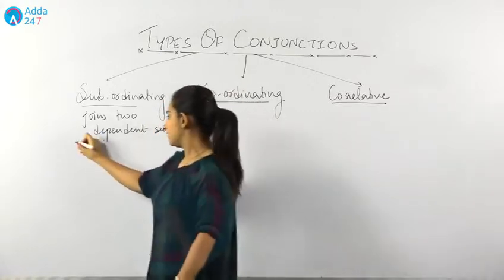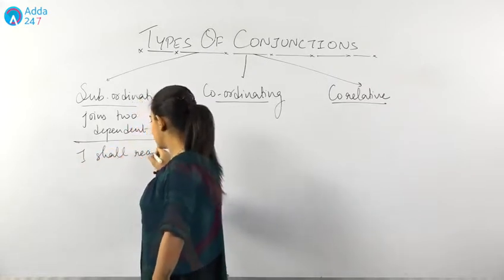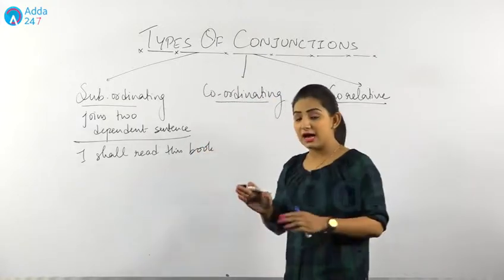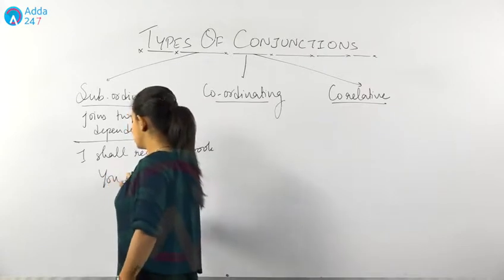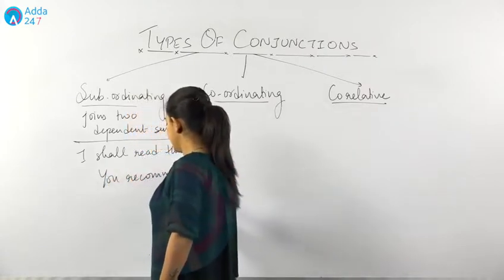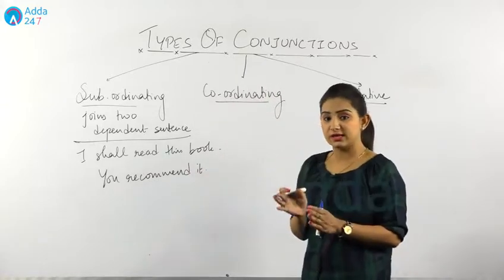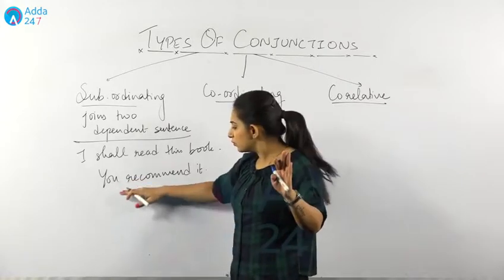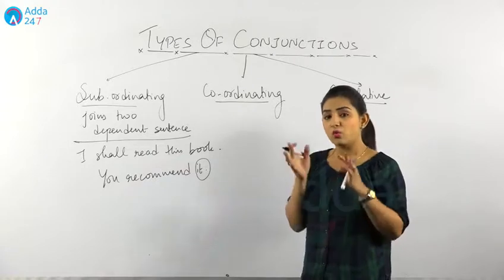For example, if I say, I shall read this book. First sentence, I shall read this book, and the next one is, you recommend it. Now, if we write these two sentences separately, just read the second sentence, you recommend it. Now, where is it used or why is it used?